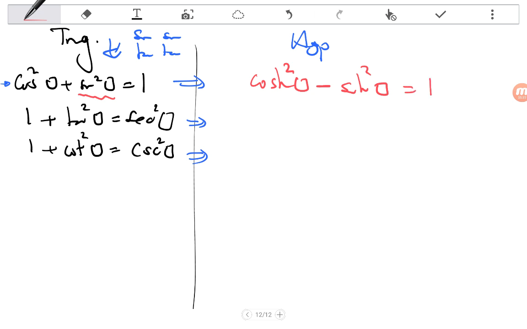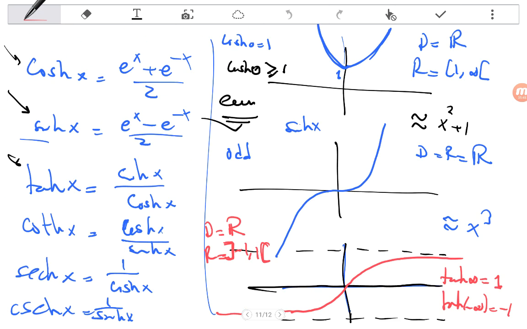Now, what is inside the sinh and cosh is not explicitly an angle. But we may call it an angle just to make it easier for ourselves. We may call it a hyperbolic angle, but it is not an angle. Just remember, it is not an angle. Why? Because this is just an input, or an argument, of an exponential.